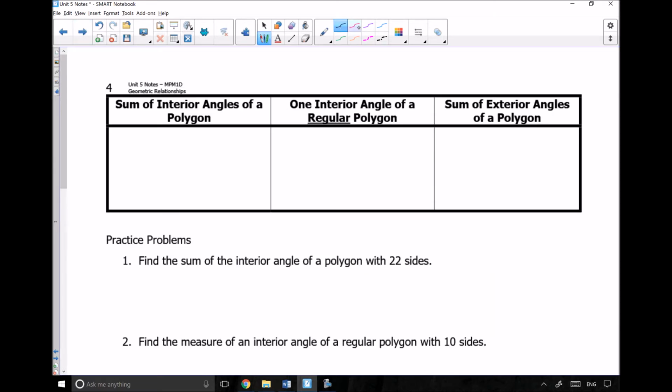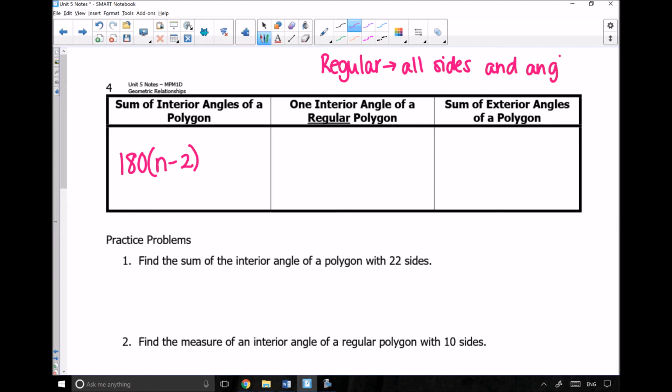So that means that we can say that the sum of all the interior angles of any polygon is going to be 180 times n minus 2. So how do I find one interior angle of a regular polygon? Well, first of all, what does it mean for a polygon to be regular? What that means is that all sides and angles are congruent.